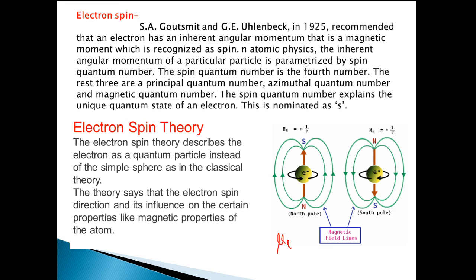Besides the orbital moment, the electron has an intrinsic magnetic moment which has the same numerical value as the spin magnetic moment.